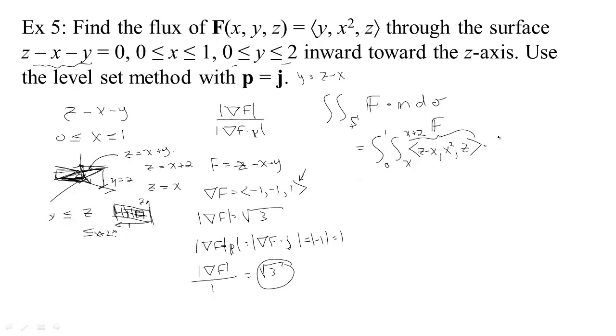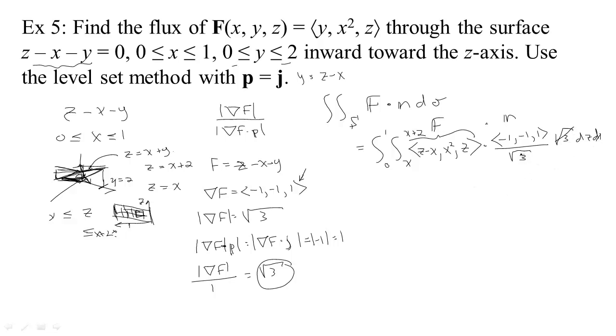Now I dot it with my unit normal, which is going to be negative 1, negative 1, 1 divided by the square root of 3, right? So there's my unit normal. And then d sigma, I have my conversion factor, which is the square root of 3 times the area in the shadow, which is dz dx.